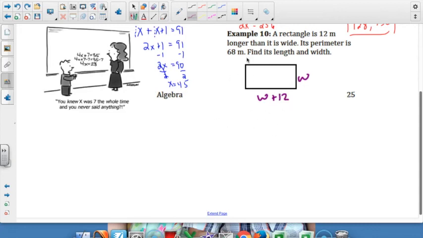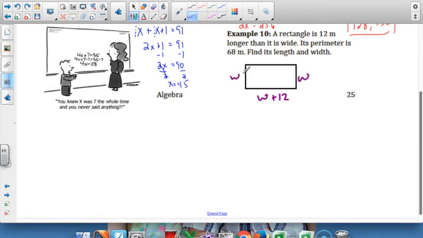Now, perimeter is the distance around the whole rectangle. So if this is W, this is also W. If this is W plus 12, this is also W plus 12. So when I'm ready to write the perimeter, I'm going to say W plus W plus 12 plus W plus W plus 12.